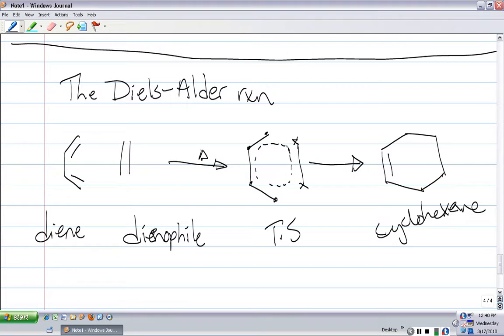But this is not just a 6-membered ring. It's a 6-membered ring that has what we call retained functionality. Because I have a carbon-carbon double bond in my 6-membered ring. So I can direct chemistry. I can do chemistry at particular sites. I can do chemistry at the alkene carbons. For example, I can add bromine. Or I can hydrate, or I can hydroxylate the alkene.